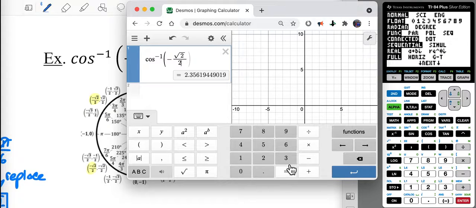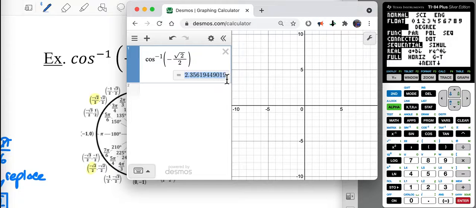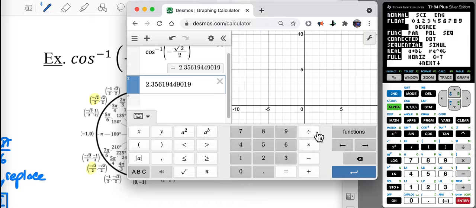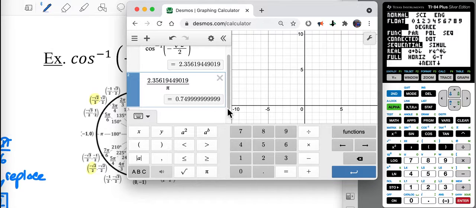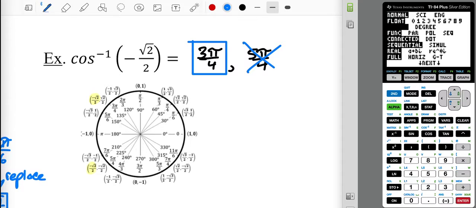Again, assuming that it's some multiple of pi. So divide this number by pi. You get the 0.75, or at least Desmos is telling you 0.75. It's working with an approximate value, so it's a little iffy, but 0.75, 3/4, 3/4 pi, 3 pi over 4.